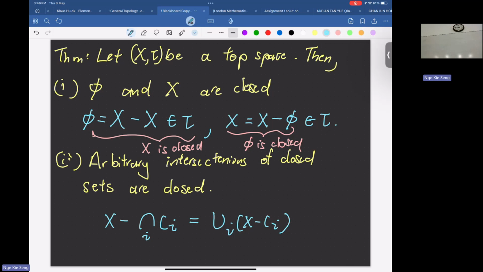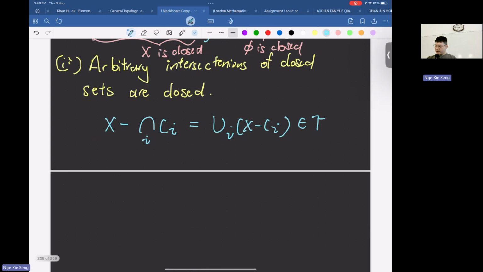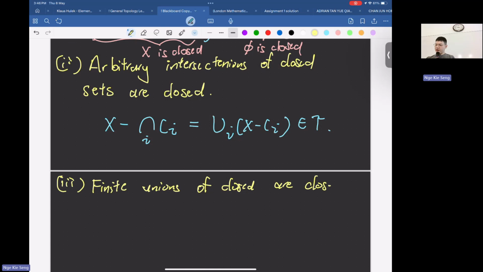So it's a very nice complement relation between closed sets and open sets. Guess the last property. We talked about arbitrary already, right? Finite union of closed sets are closed. So you need to check the complement of this finite union.